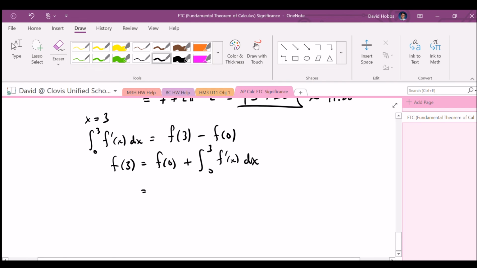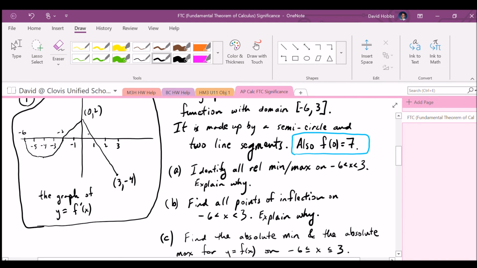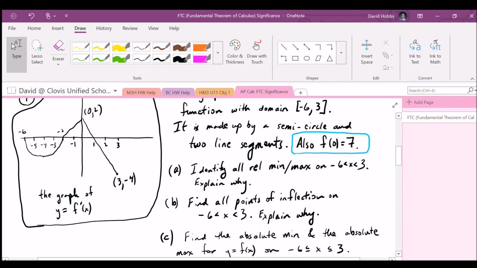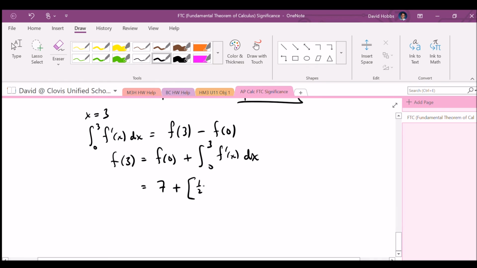which is 7 plus, okay, now for 0 to 3, we've got some of the graph that's above, and we've got some of the graph that's below. So I have to break it up into the 0 to 1 part, which is the area of that triangle right there, so 1/2 base times height. Now, it's minus because it's below the x-axis, or you could say the base is 2 because it's going from left to right, so the base is in a positive direction, but the height is negative 4.